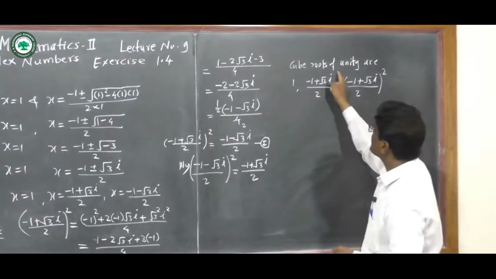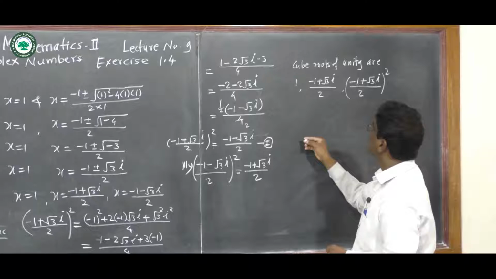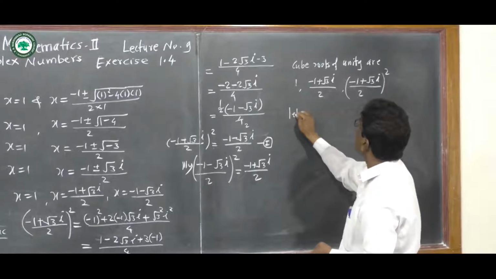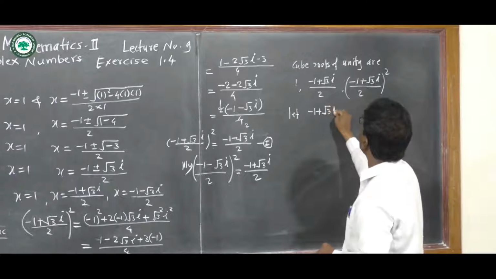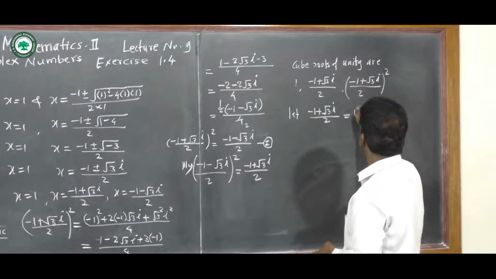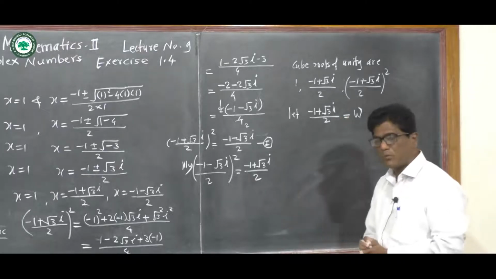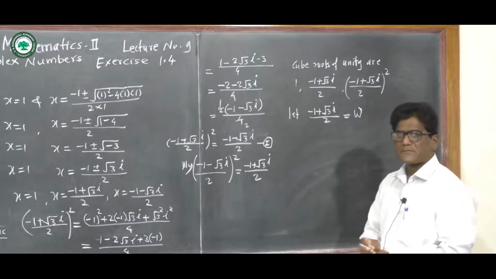Now if we consider minus 1 plus root 3 i divided by 2 as omega, omega just like w, but we write it like this with a curve.